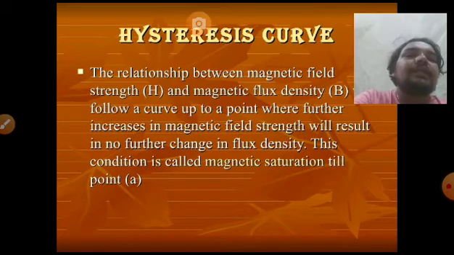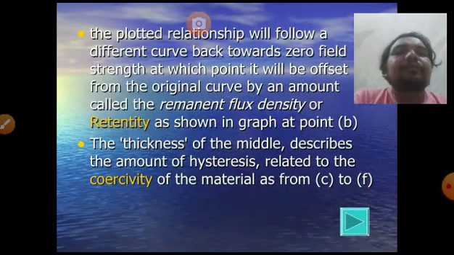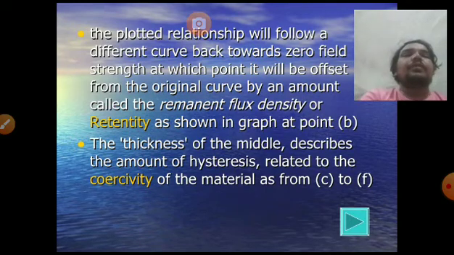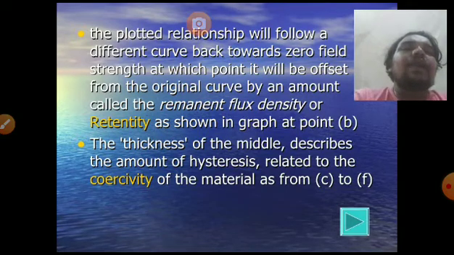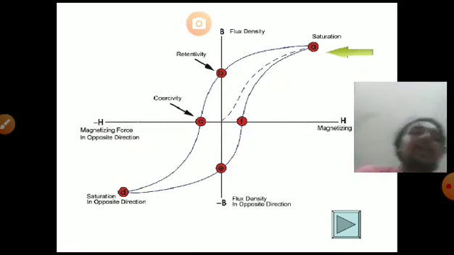This condition is called magnetic saturation. The relationship will then follow a different curve back towards zero field strength, at which point it differs from the original curve by an amount called the remanent flux density or retentivity, shown in the graph as point B. The width of the loop describes the amount of coercivity of the material, from the points C and F. You see in the diagram the coercive points are C and F, the retentivity point is B, and the saturation points are A and D.